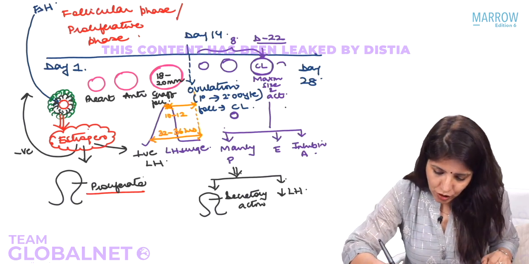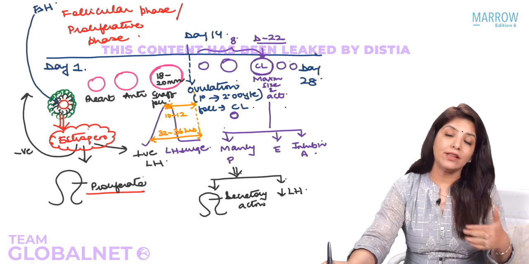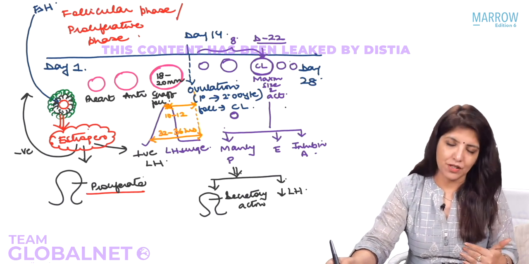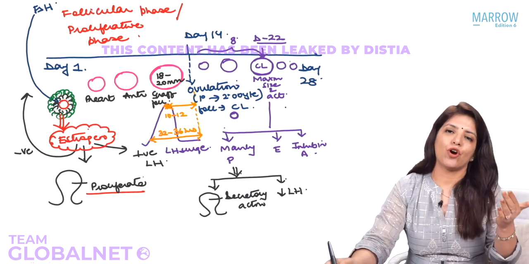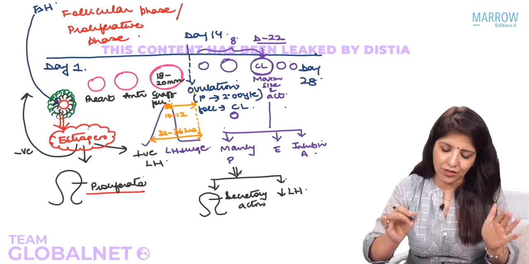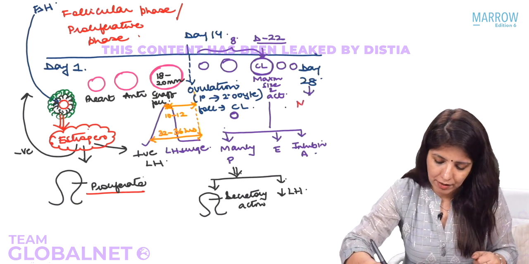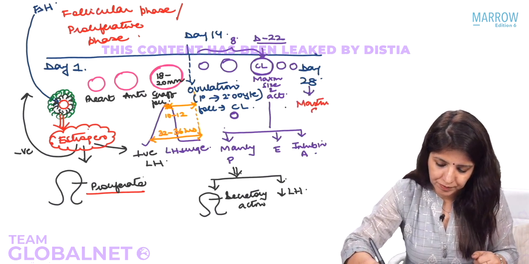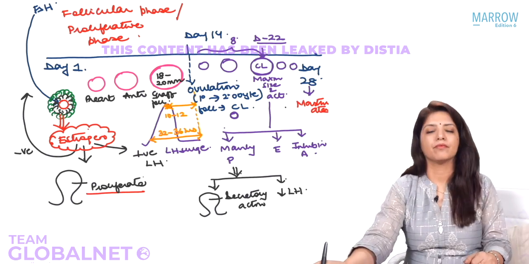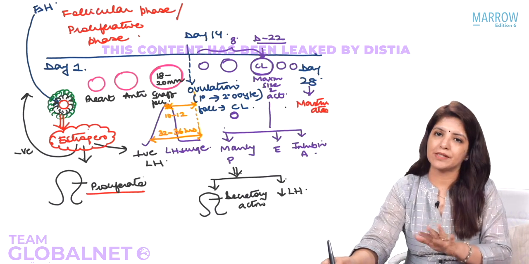When the size of the corpus luteum decreases, the levels of progesterone decrease and the support to the endometrium is lost, and this is how on day 28 a female menstruates. So this is your entire menstrual cycle.